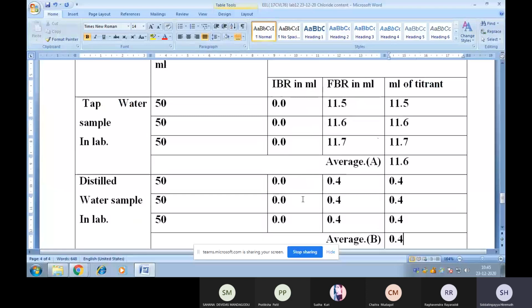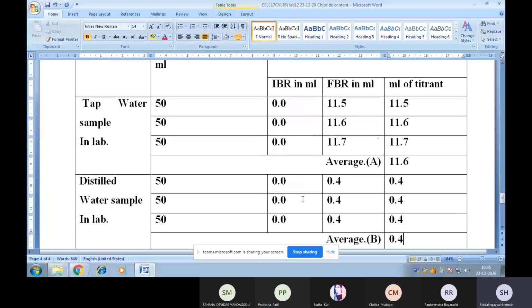Yes, sir, I have gone through the calculation part. Screen is not visible, sir. Everyone is able to see the screen. Okay then. Pratiksha Patel? Yes, sir, I have gone through the calculation part. Is there any doubt? No, sir. Okay then.